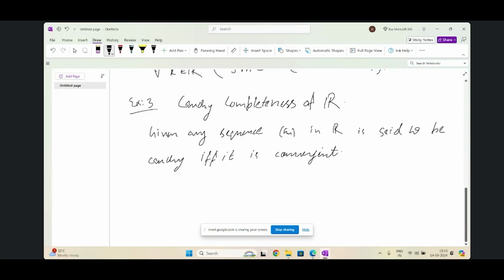So this is the Cauchy completeness of R. I hope you have already gone through the proof of this theorem also in sequence and series.